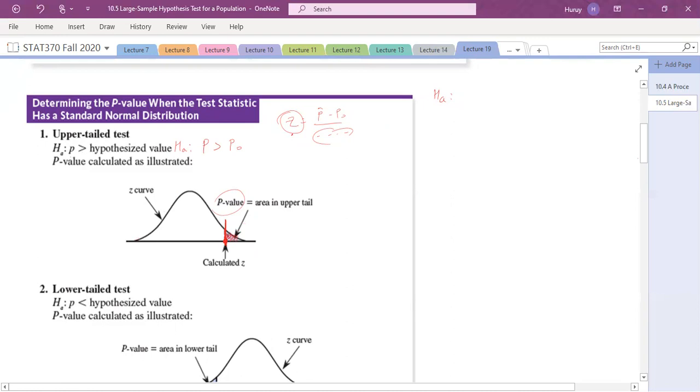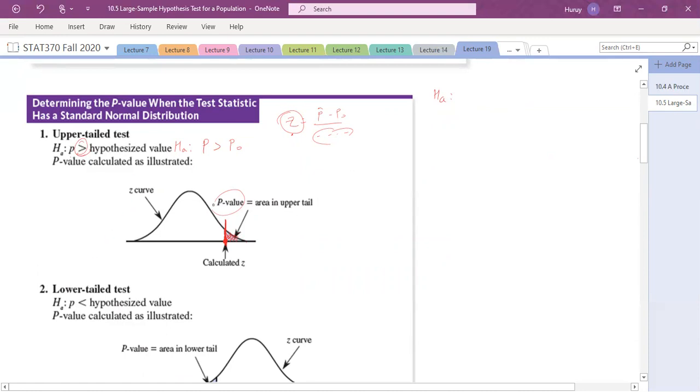Now you may ask, why is it to the right? Why not to the left? Because we have this greater than. They both look in the same direction.